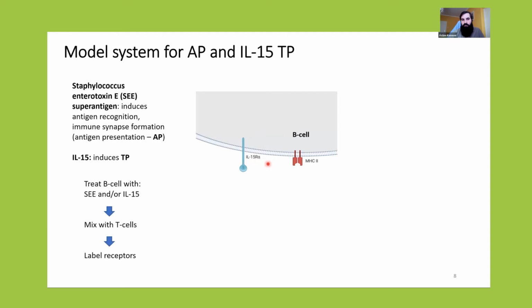If we treat this B cell with Staphylococcus enterotoxin A superantigen, which binds to the MHC2 and induces the antigen recognition and the immunological synapse formation, or IL-15, which induces the IL-15 transpresentation, and mix them with also virally transduced Jurkat T cells, which are expressing the beta subunit and the gamma C subunit, which is expressed endogenously, then on one hand, the IL-15 transpresentation can occur and the antigen presentation.